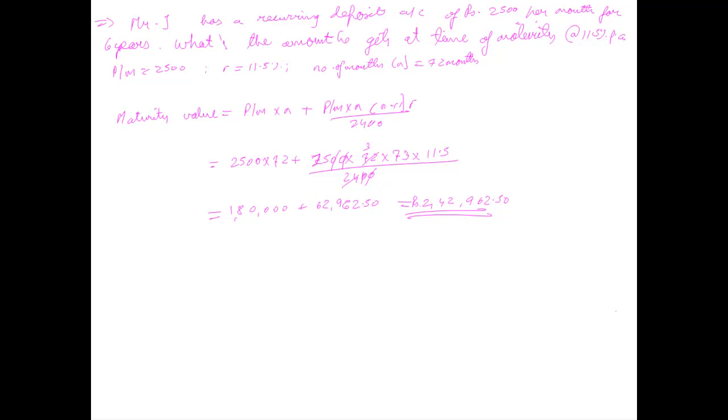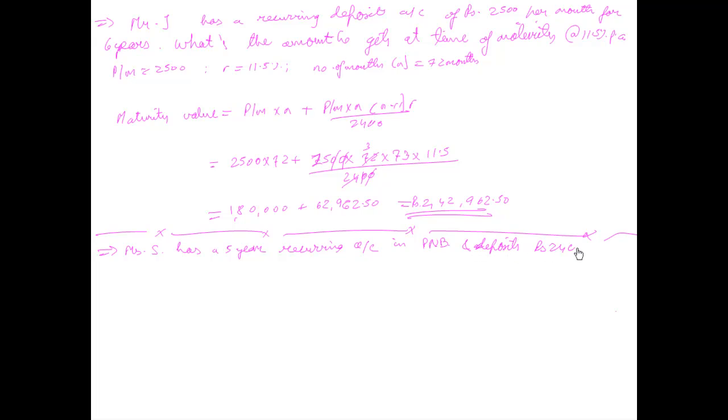Another question says, children, Miss S has a 5-year recurring account in Punjab National Bank and deposits rupees 240 per month.